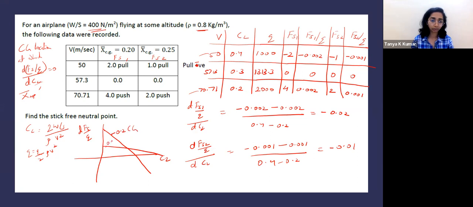This is for 0.25 CG. Right? So now we need to see the neutral point. What is the neutral point? Neutral point is where dFS by dQ upon dCL becomes 0. The CG location where this value becomes 0. So what do we have to do? What graph do we have to plot now?